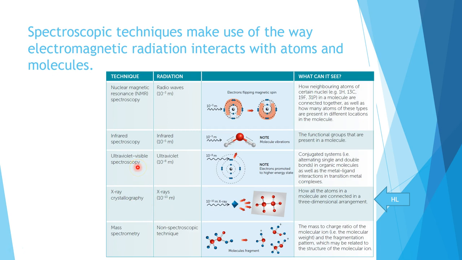UV-Vis, a number of you used in your IAs, and then of course mass spectrometry we've looked at as well. So this time we're looking at nuclear magnetic resonance spectroscopy, and this is basically telling us how things are connected, what the atom that is responsible for the signal can see or interacts with that is close to it.